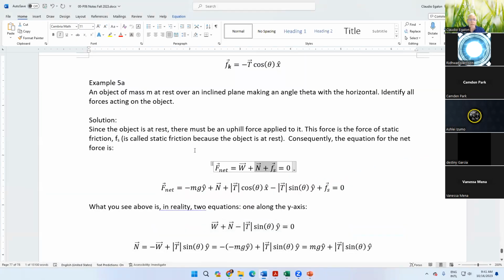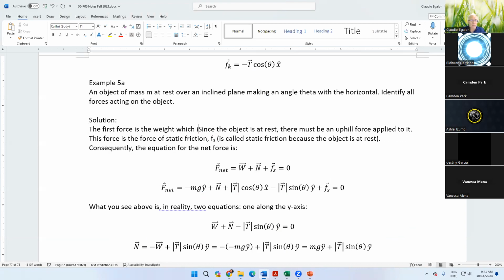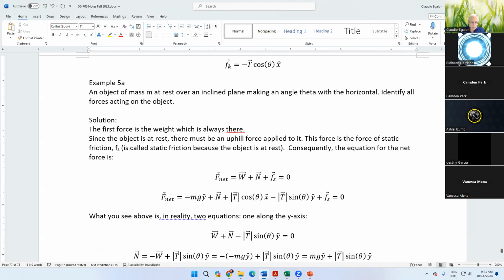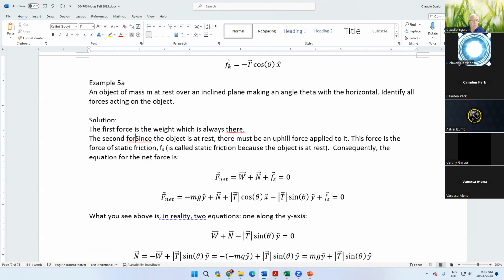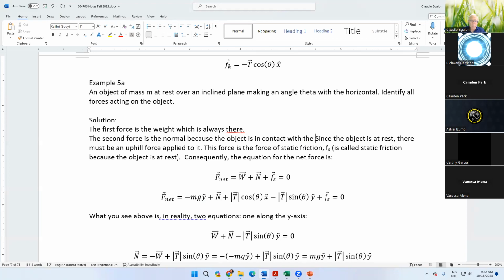Since the object is at rest, there must be an uphill force applied to it. Okay, here you go. The first force is the weight, which is always there. The second force is the normal, because the object is in contact with this surface.